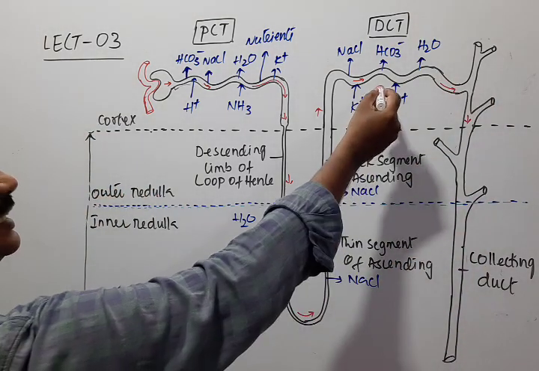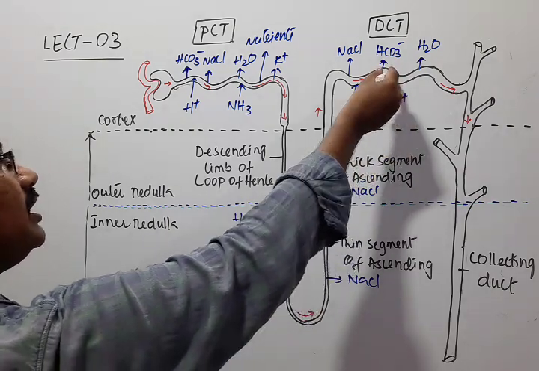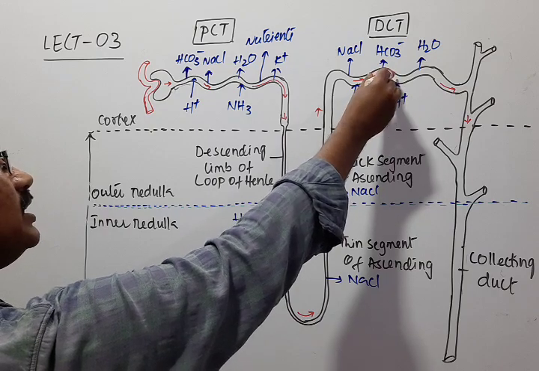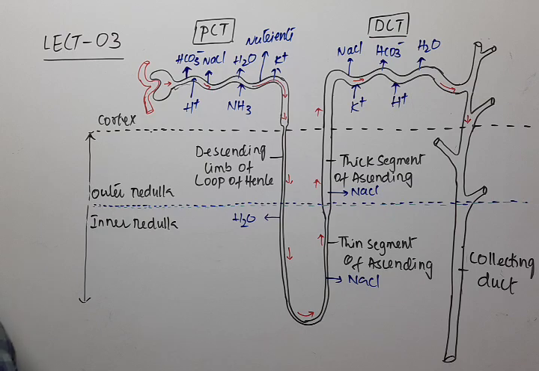So here in the DCT, the potassium and hydrogen ions will be released into the DCT, and from the DCT the sodium chloride, bicarbonates and water will be reabsorbed.